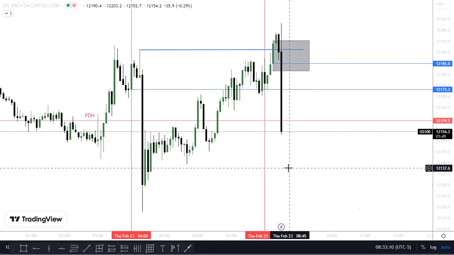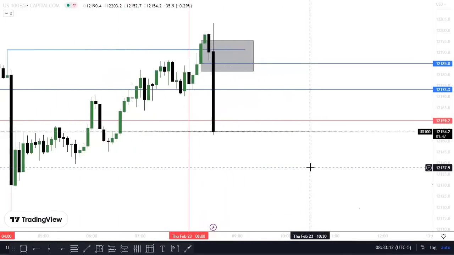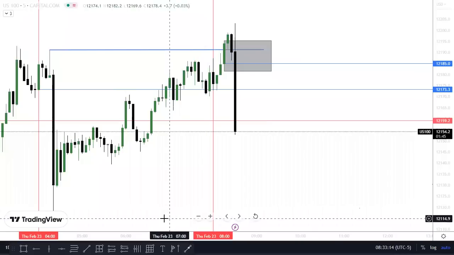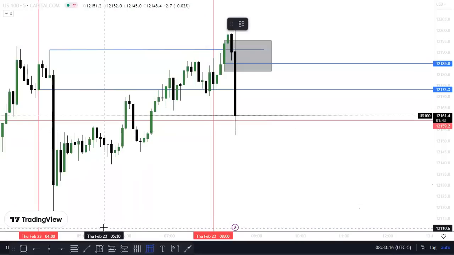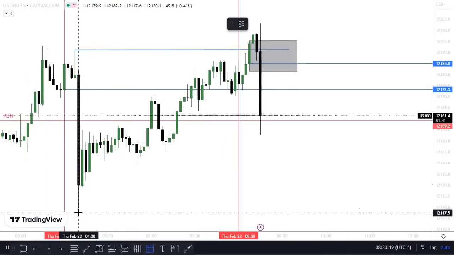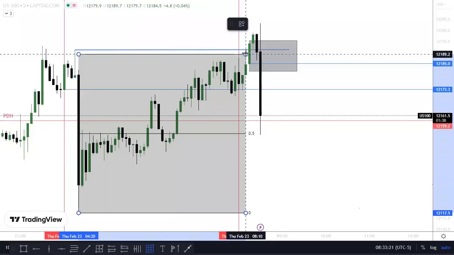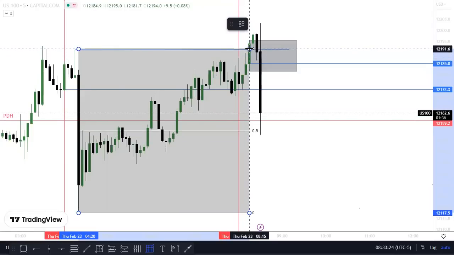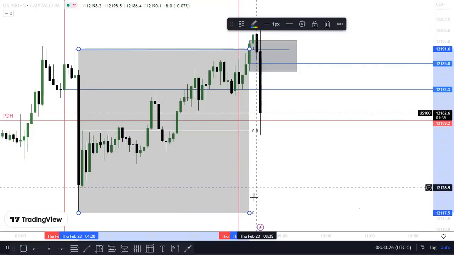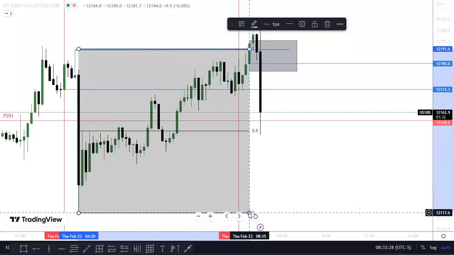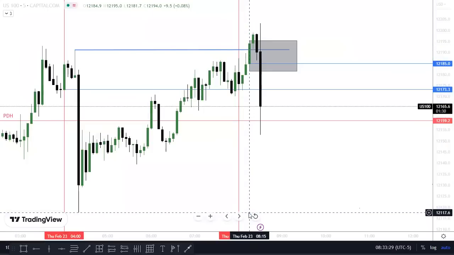All right, let's see what the daily range here looks like so far. Not bad. Should retrace now. What time is it?